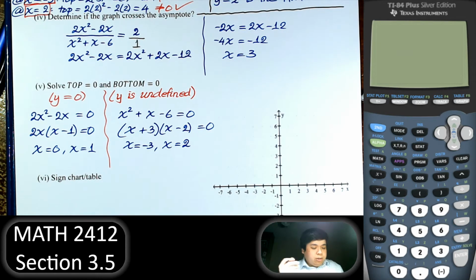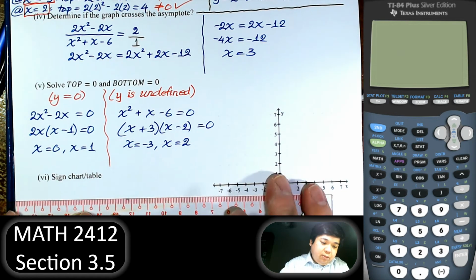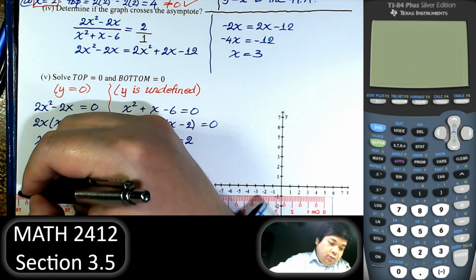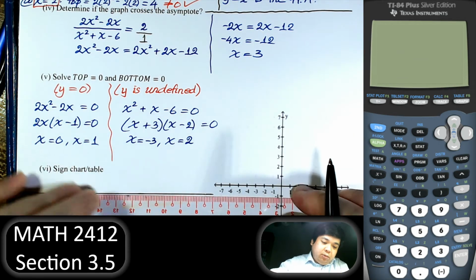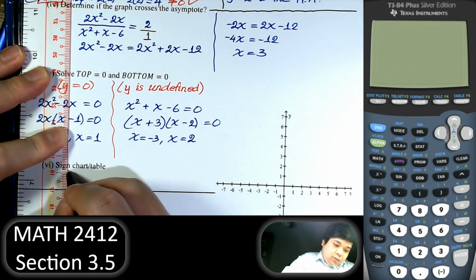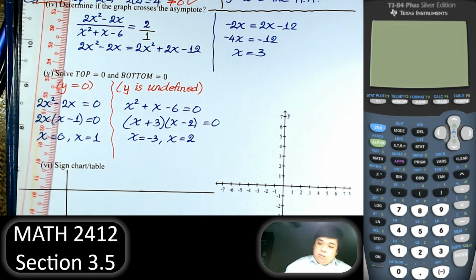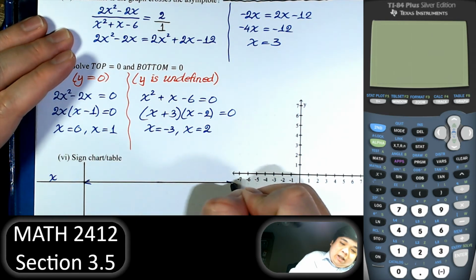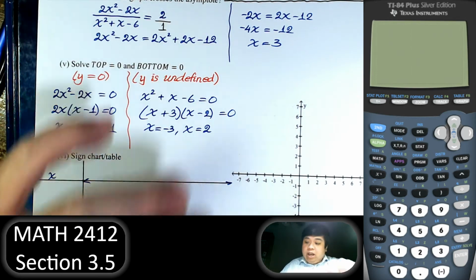Right, the sign chart. There should be a lot of values here: 0, 1, negative 3, and 2.